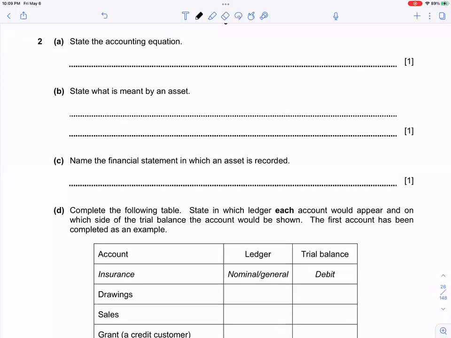Think about the sources of funds equal to application of funds. Asset is equal to liability plus capital. Capital plus liability equals the asset.